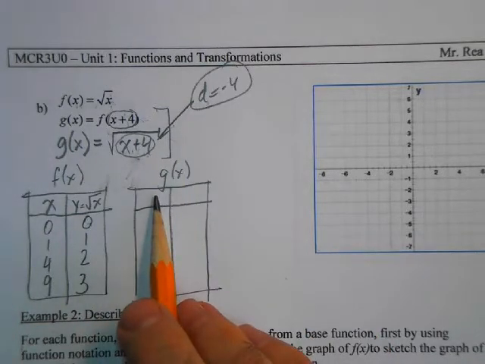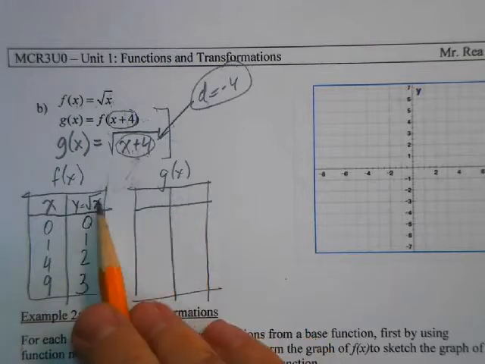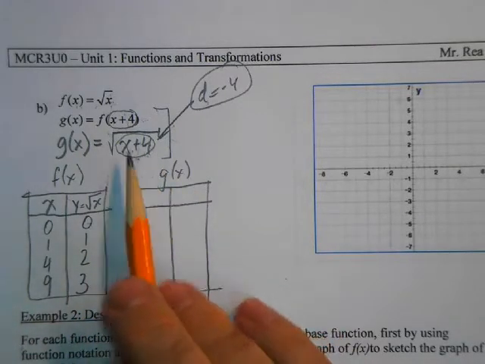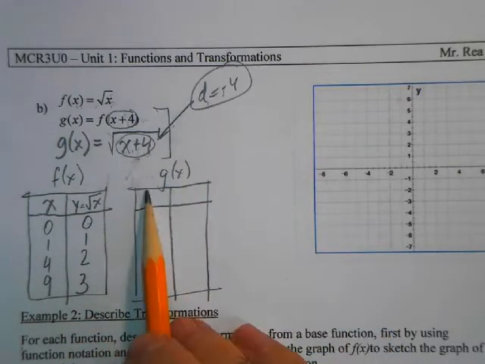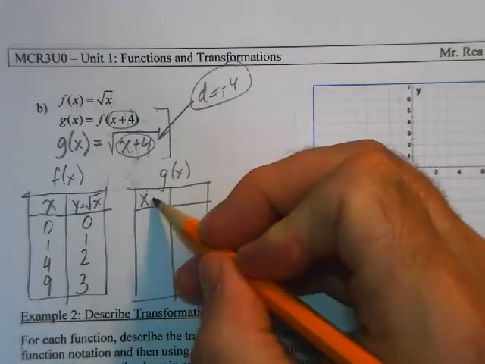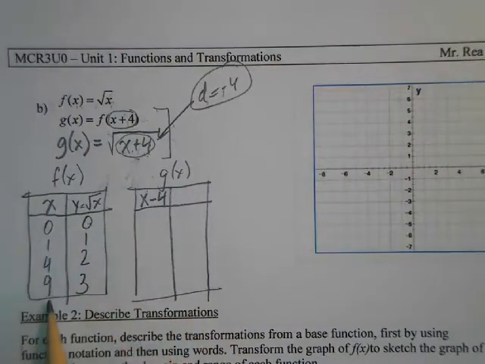Just like last time, when I added 4 to the y coordinate, this time I'm subtracting 4 from the x coordinate. I take the original value of x from this table and subtract 4 from it.